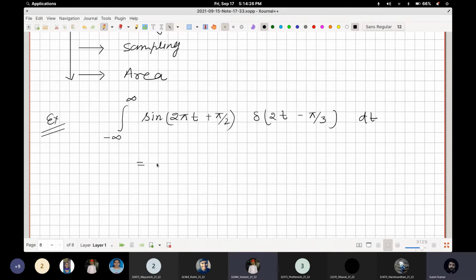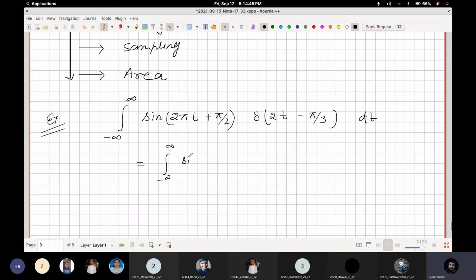One upon two sine 2 pi t plus 5 by 2. Okay, I don't know. Let's just check that out. So what is this going to be? Let me just do this. The very first thing that we will be doing is first scaling this delta t.